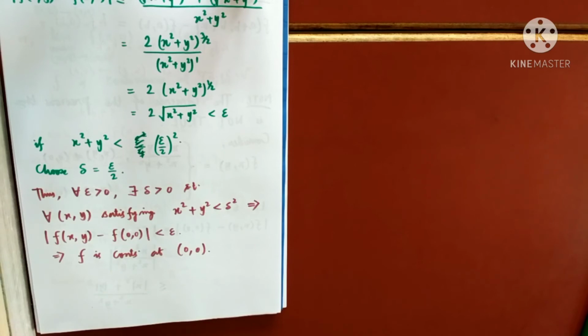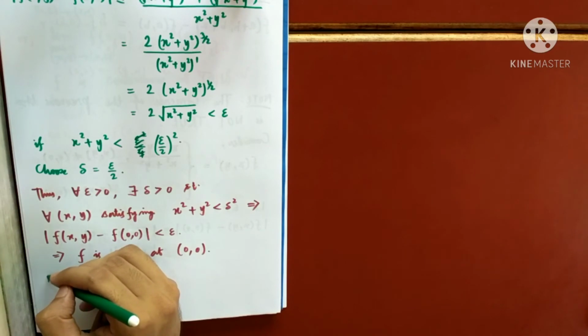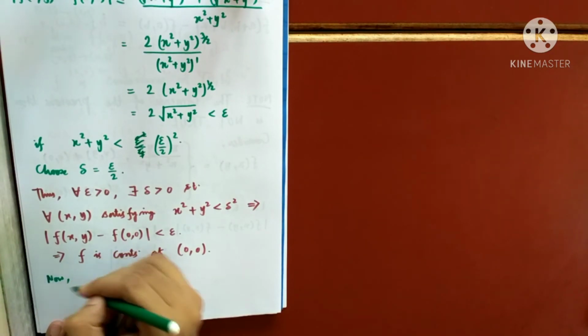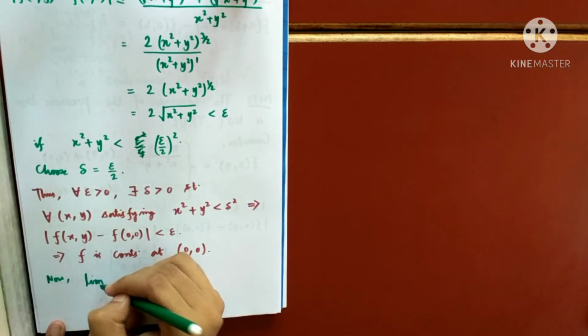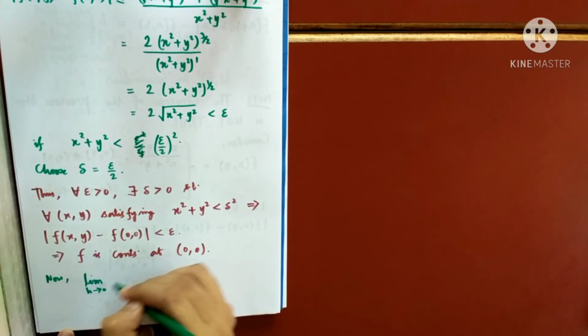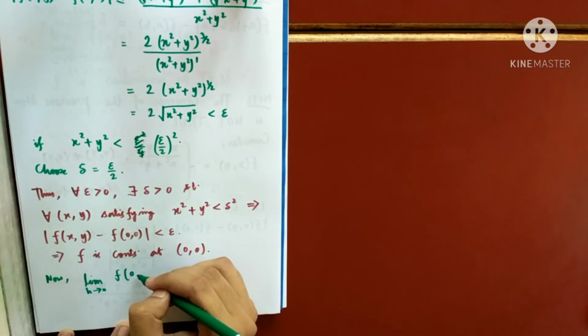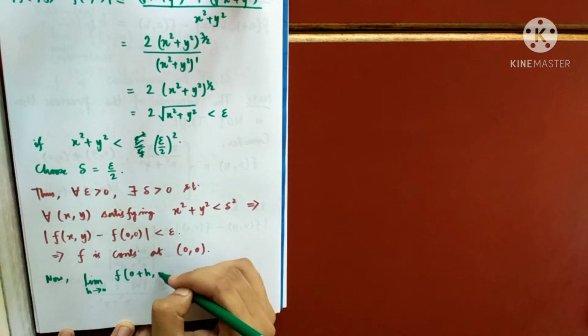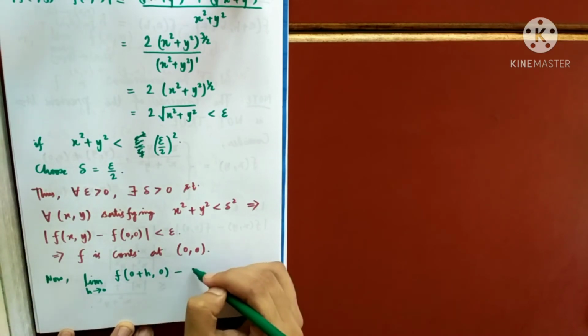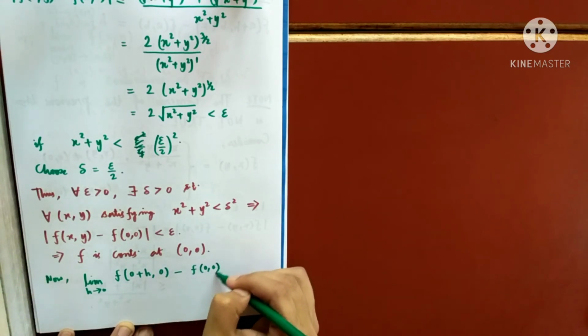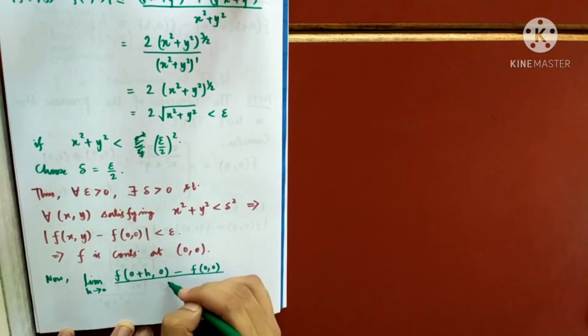Now let's talk about the partial derivative at (0, 0). Let's talk about the partial derivative with respect to x. We are about to find this limit: as h tends to 0, [f(a + h, b) - f(0, 0)]/h, where a is 0 and b is 0 here. Let's see what this limit is. This is f(h, 0), and f(0, 0) is 0, by h.